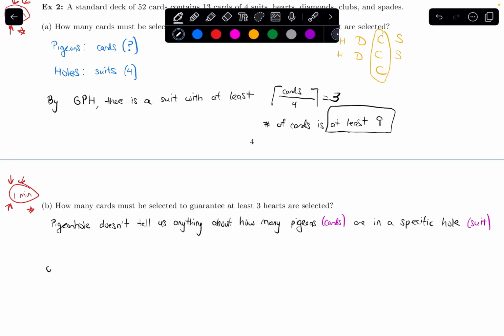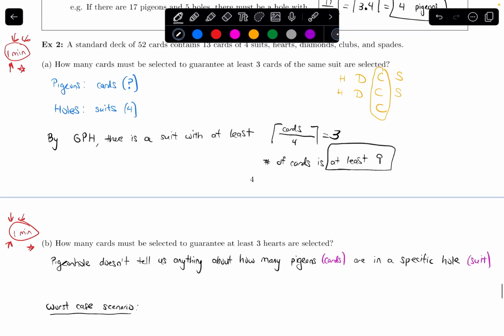So I'm going to think about what the worst case scenario would be here as I'm selecting cards before I pick 3 hearts. Well, the worst case scenario is I start off by picking everything else first. That's not a heart. I pick 13 diamonds, we pick 13 clubs, and we pick 13 spades.